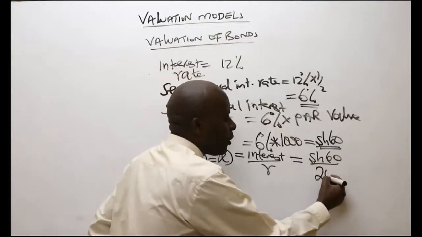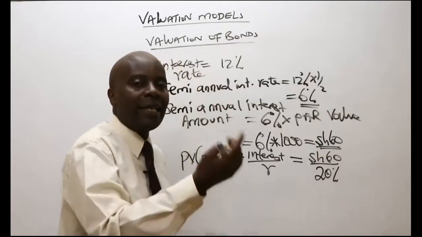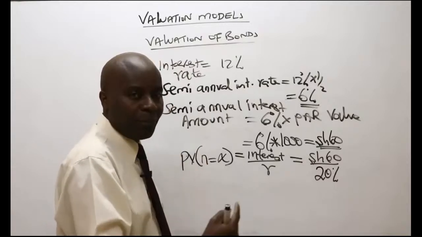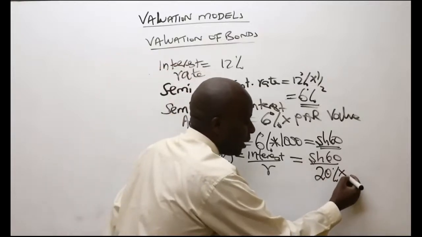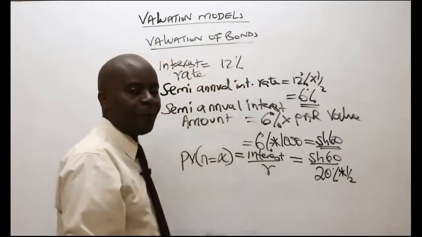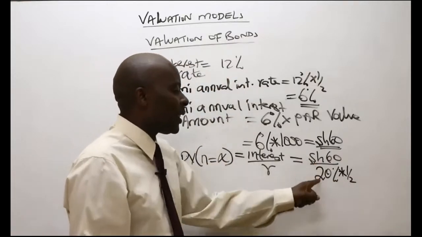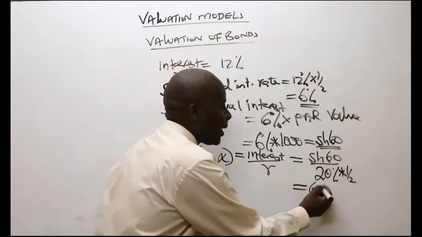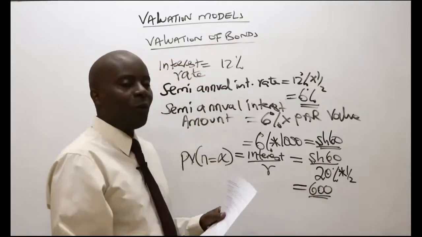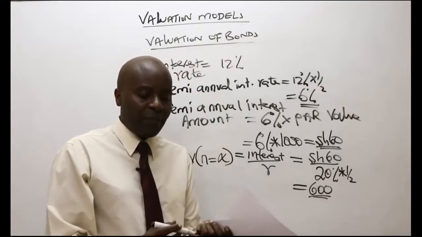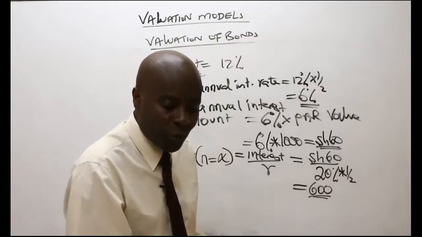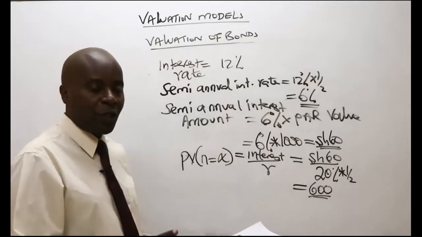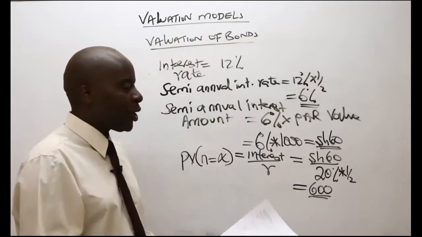But remember that 20% is for a whole year, and in our case, the compounding is on a semi-annual basis. So come and multiply this denominator by half. Then this will be 60 divided by 10%, which gives me a present value of 600, which happens to be the market value of the bond. I want to believe that that has been beneficial.